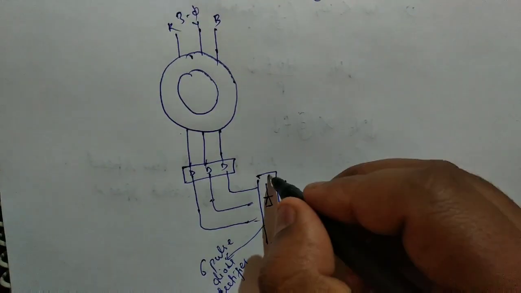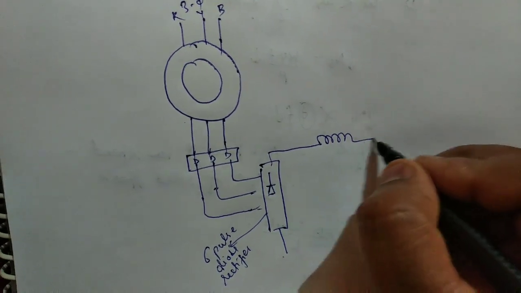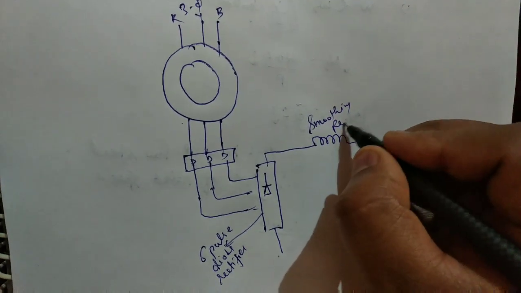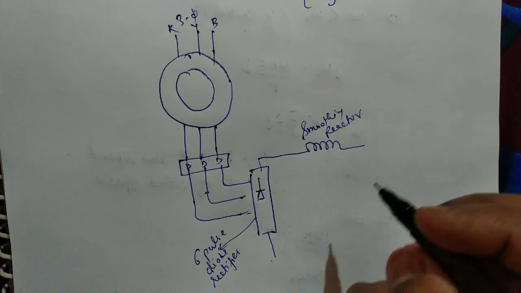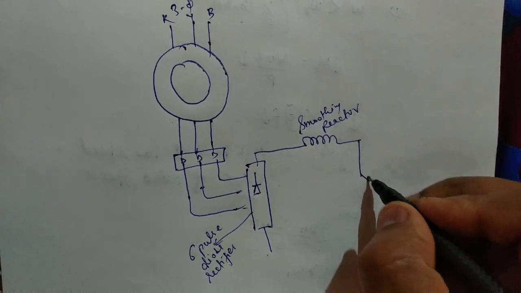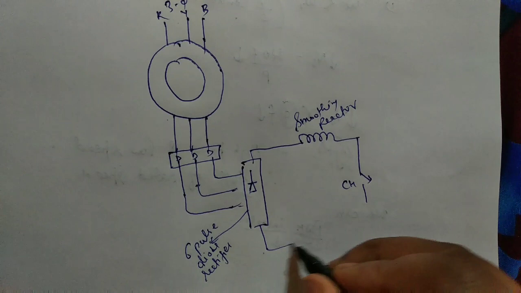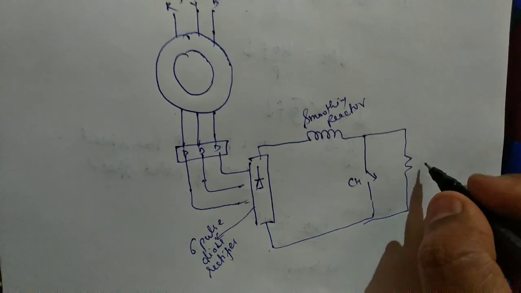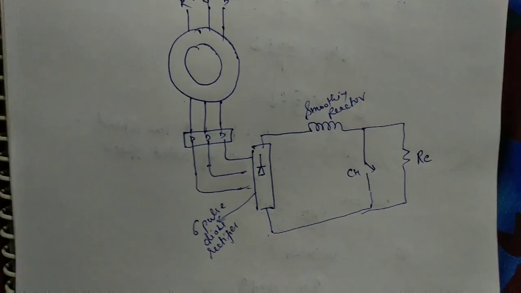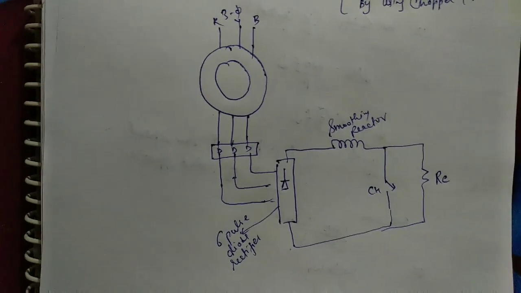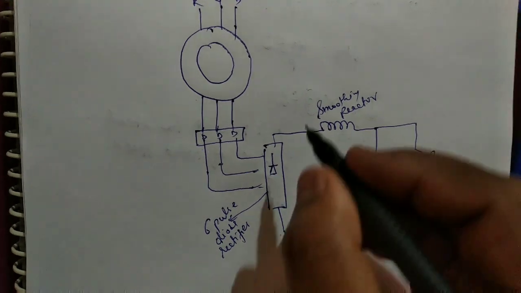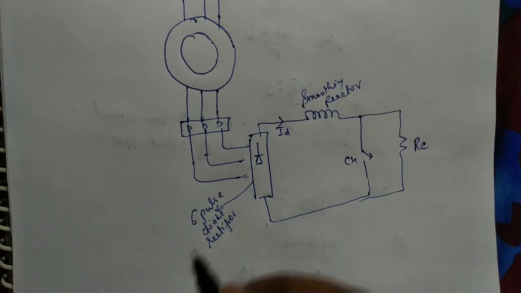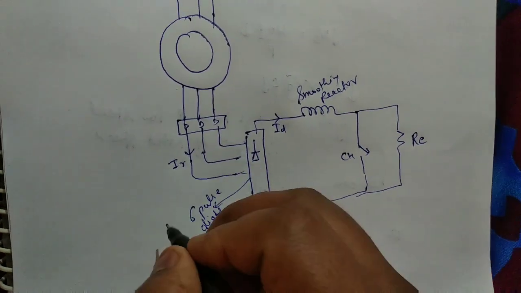Okay, and a smoothing reactor will be there. Then a chopper, and here an external resistance. Let the current here be ID and here IR.